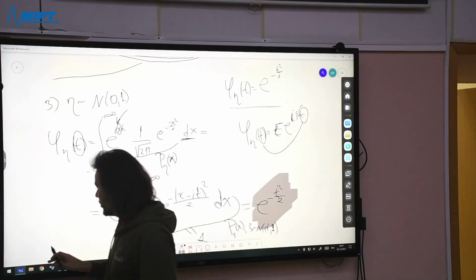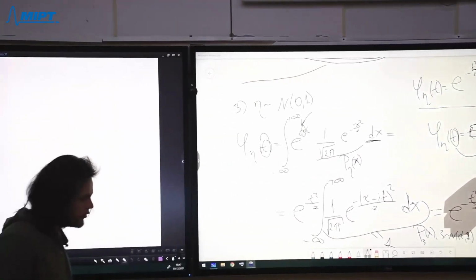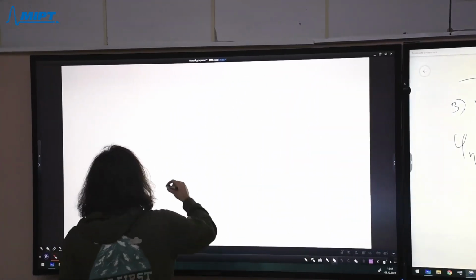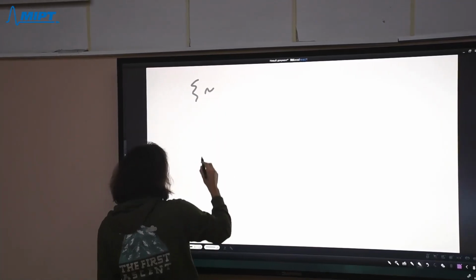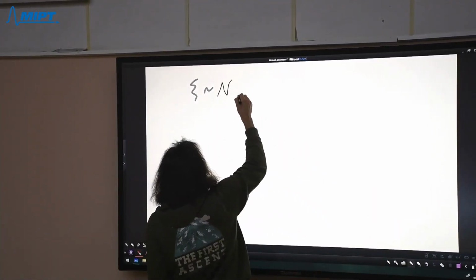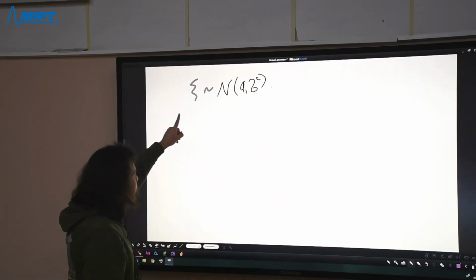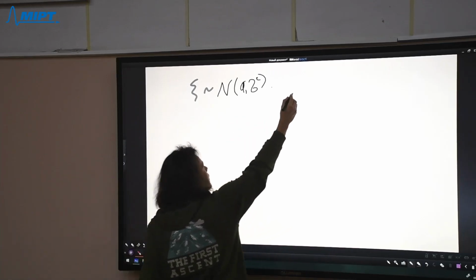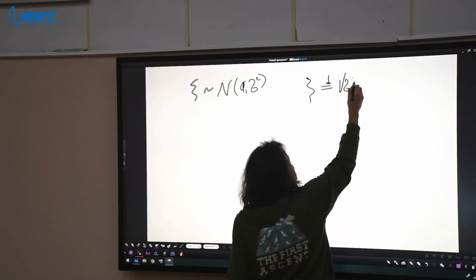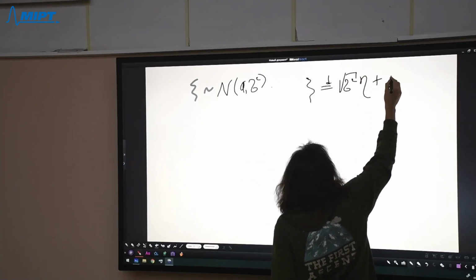Now, this is for the standard normal distribution, but what if we wanted to find it for any normal distribution? Let's say that psi has a normal distribution with parameters a and sigma squared. Then we know that psi has the same distribution as the square root of sigma squared times eta plus a.